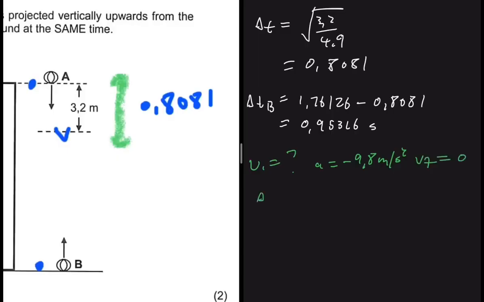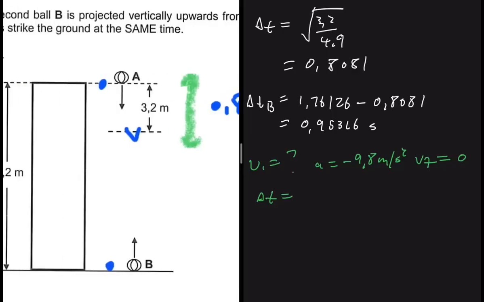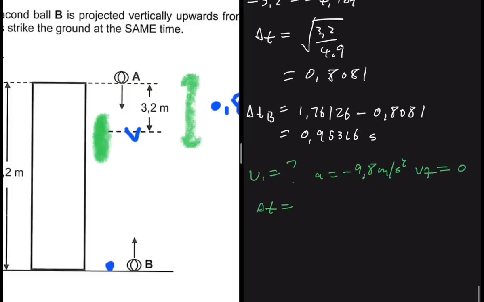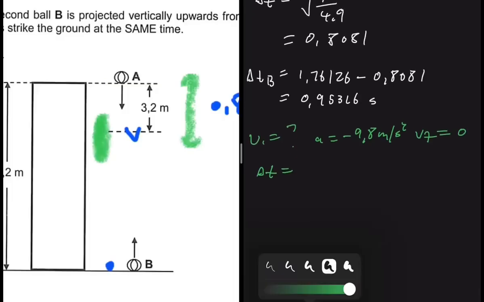To find the change in time from ground to maximum height, we say total time divided by 2, because the time taken from ground to the maximum height is the same as the time from maximum height to the ground. It is actually wrong for me to put this dot here. We don't know how high ball B is above the ground at maximum height, right?